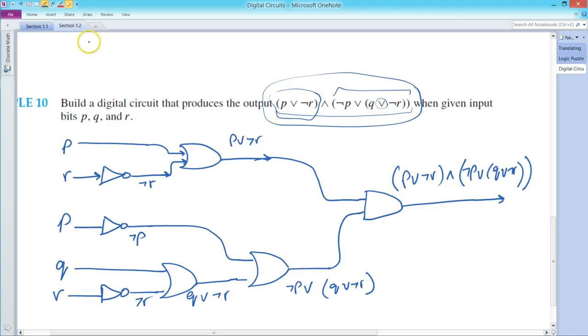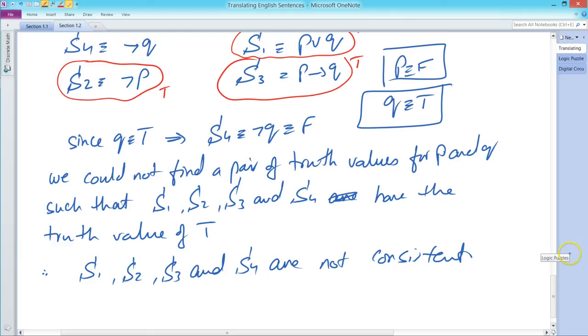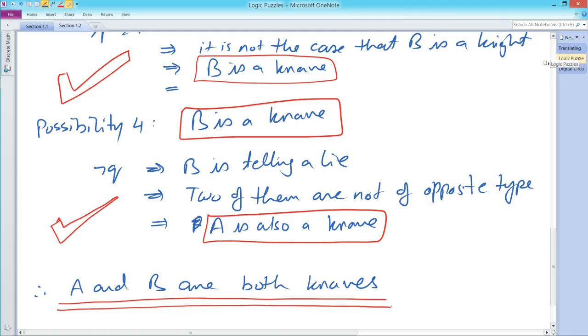All those exercises cover the topics that we have covered so far, which are translating English sentences into logical statements. The exercises also cover some logical puzzles, which is a great way to practice your logical reasoning.